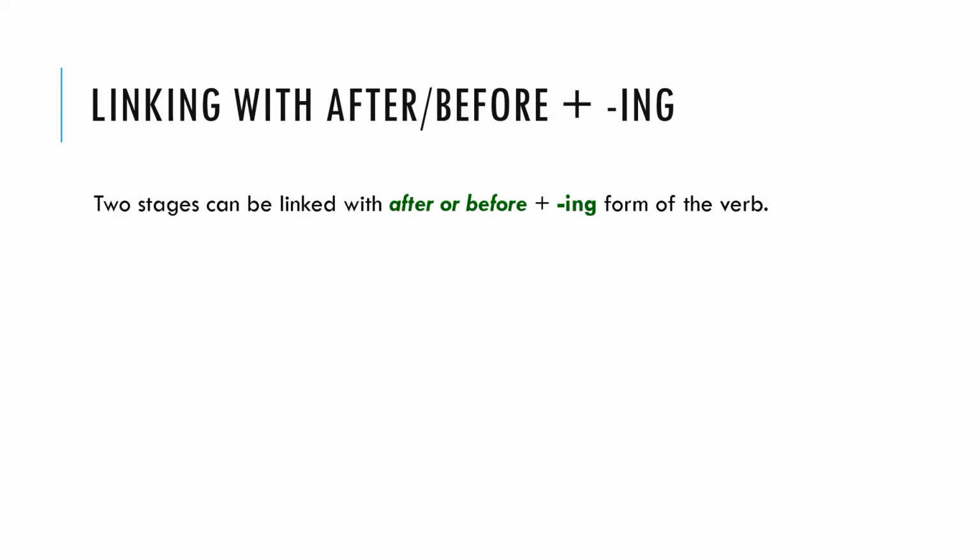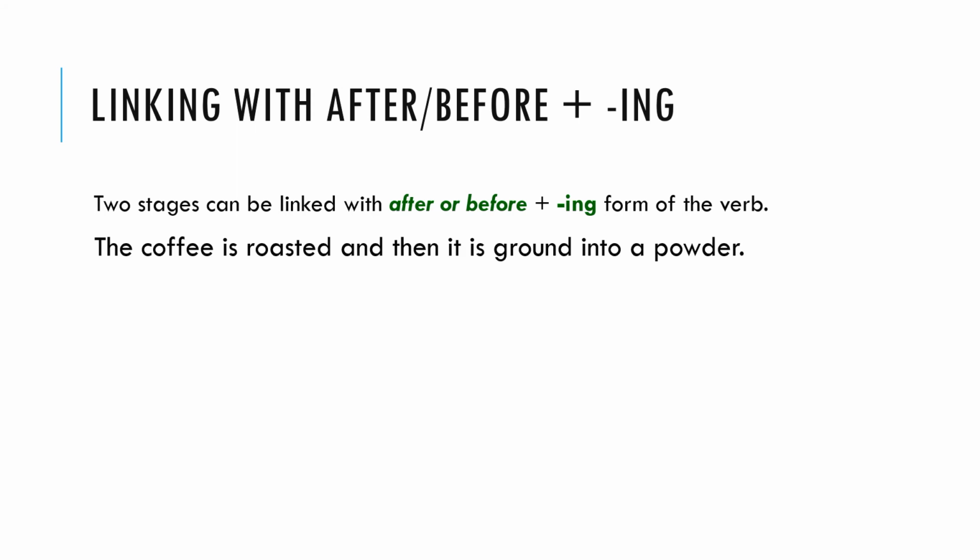We can also use after or before plus the ing form of the verb to link our sentences together. So we'll take the example. The coffee is roasted and then it is ground into a powder. This is still an interesting sentence, but if we've used the same form again and again and again, it gets a little bit boring.